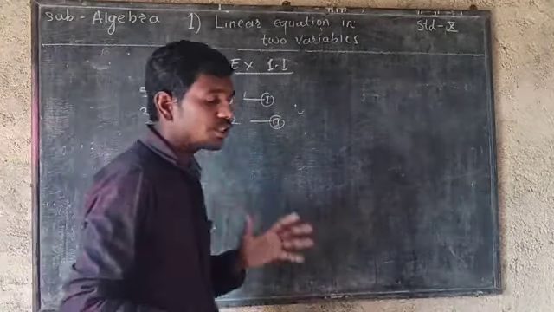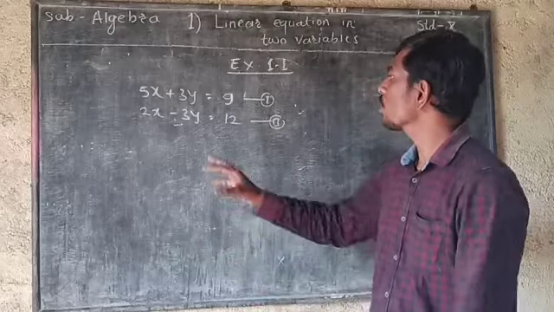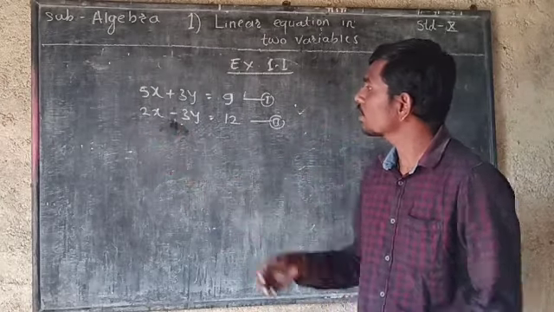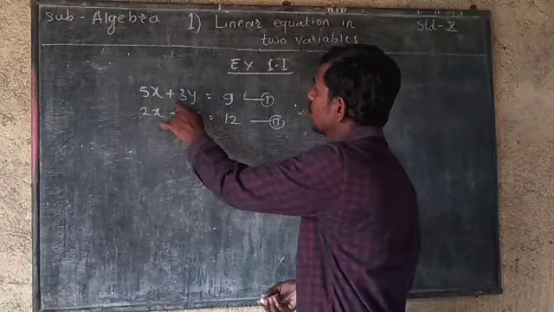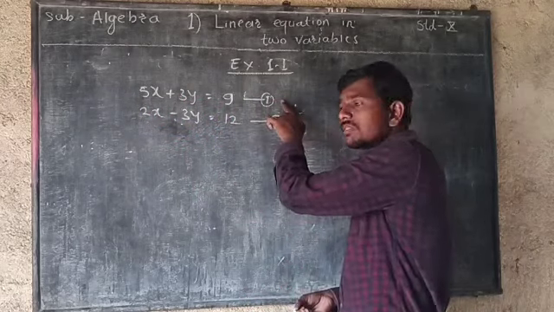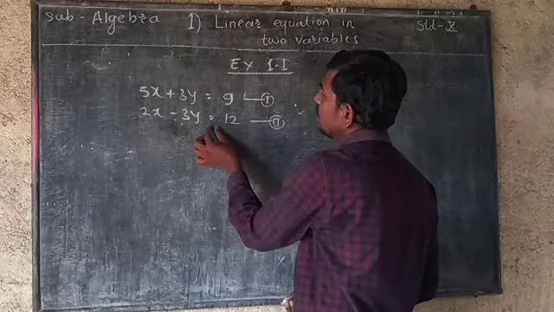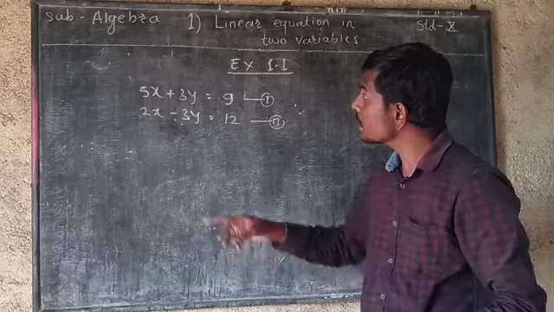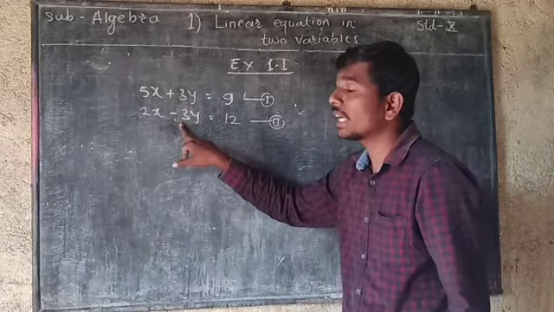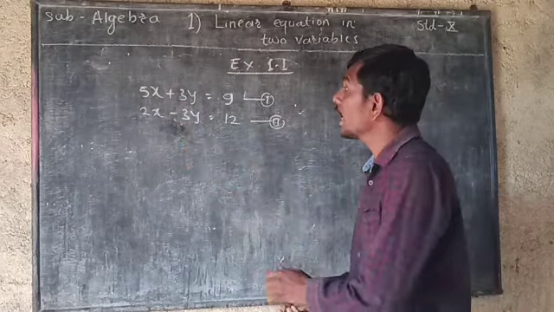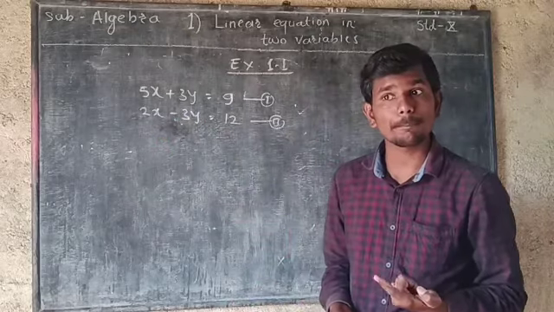Okay, last year we have seen how to solve these types of questions, right? Actually 5x plus 3y is equal to 9. This is the first equation. 2x minus 3y is equal to 12. So we can see there is plus 3y, there is minus 3y, right? So we can cancel them, but how? By adding.